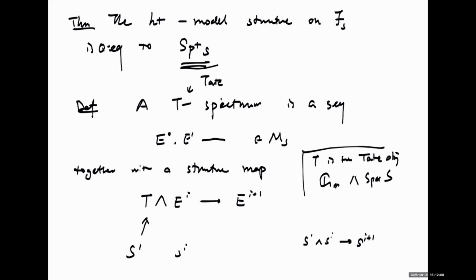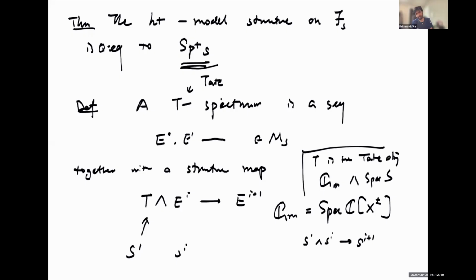So a one torus. Just think of this as a one torus. If you wish, this is Spec of C adjoined with X plus minus Y. Okay.